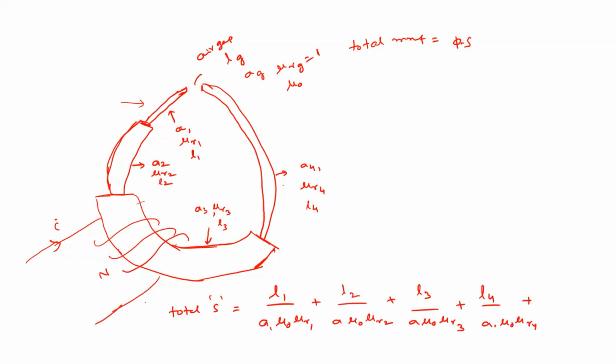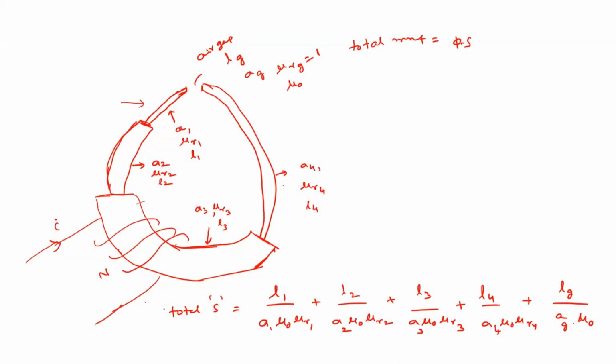So what is the air gap reluctance? LG upon AG into mu naught. Agree?